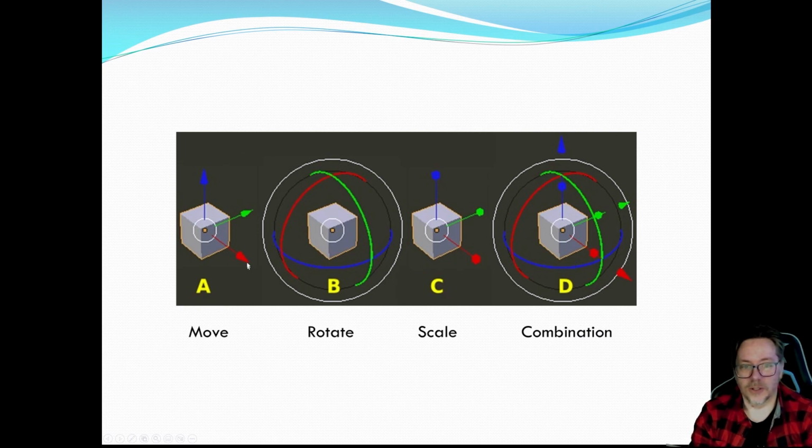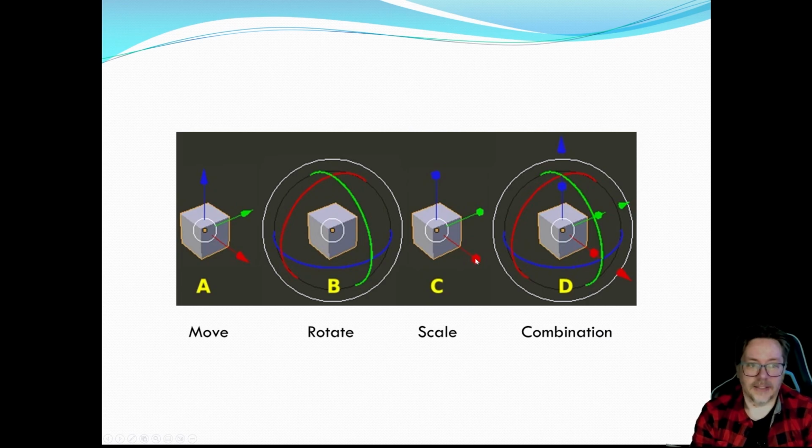But if you only wanted to rotate on the X, you'd grab the red line here and drag, and the cube would rotate in the X. And obviously the center point there is the point of where it will rotate from. Same on all these transforms here. That point in the middle is the point of where it will transform from. So this cube will actually rotate around the center point there.